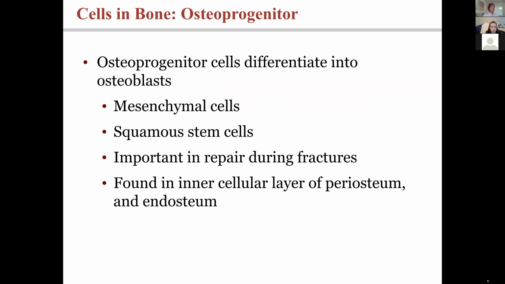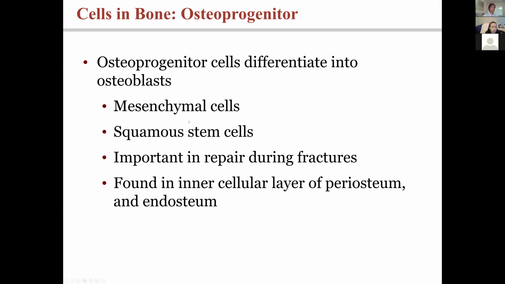Okay. So here we have osteoprogenitor cells. They differentiate into osteoblasts. Osteoprogenitor cells can be mesenchymal cells, and we will mainly observe mesenchymal cells during fetal development.